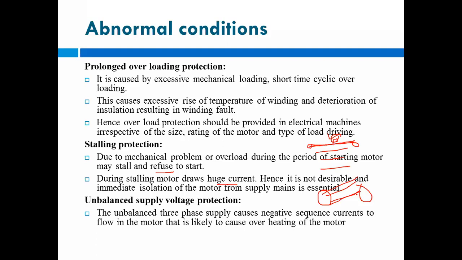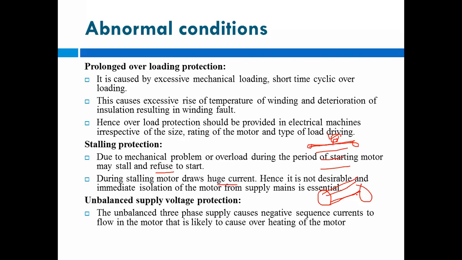Okay, so the unbalanced three phase supply causes negative sequence current. We have studied that. So when there is unbalanced supply, negative sequence currents are produced that flow in the motor, which is likely to cause overheating of the motor.